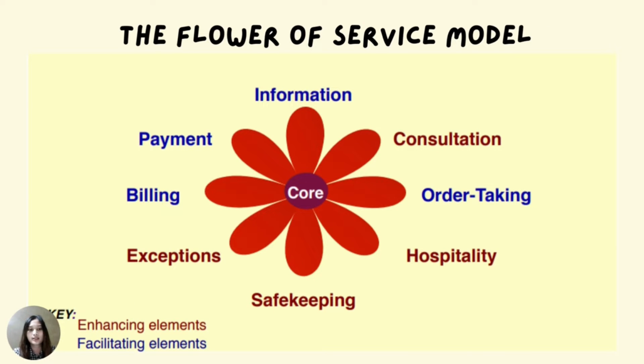As you can see, the blue lighting and the red lighting are different elements. The red are the enhancing elements, while the blue are the facilitating elements. The flower of service model consists of information, consultation, order taking, hospitality, safekeeping, exceptions, billing, and lastly payment.